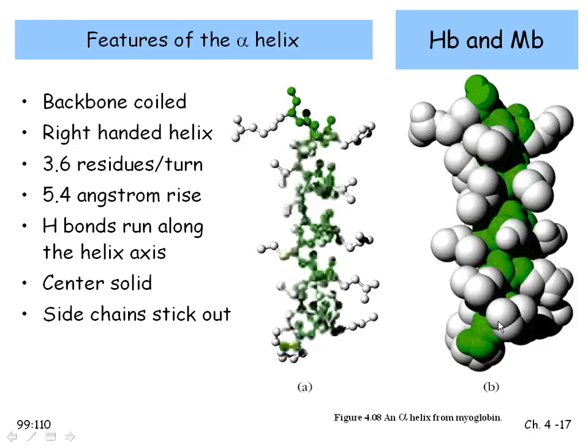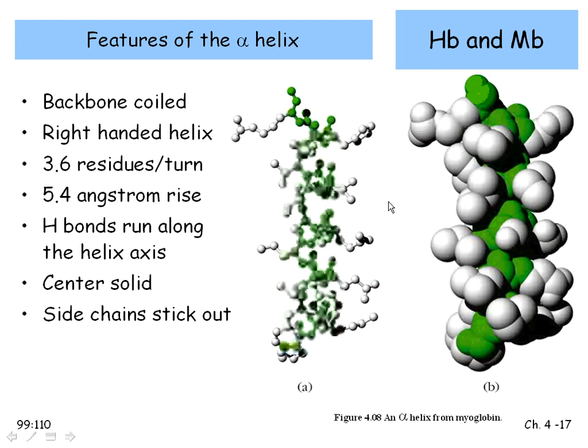When you look at a space-filling diagram of it, it's quite clear that the center of that helix is in fact filled solid. This ball and stick diagram makes the helical character a little easier to see, but it doesn't point out that the center is like a solid rod of atoms. And then the side chains stick out from the sides of that central rod in all directions.